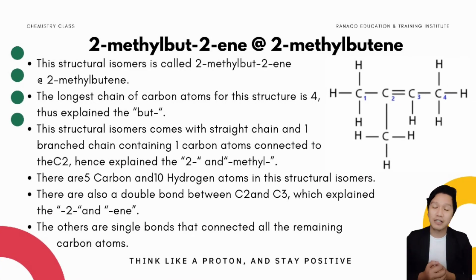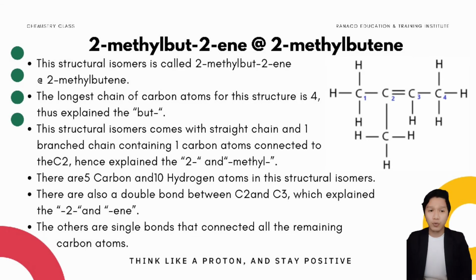The last isomer for pentene is 2-methyl-but-2-ene or 2-methylbutene. For this structural isomer, the longest chain of carbon atoms is 4, thus explaining the but. This structural isomer has a straight chain and one branch chain containing 1 carbon atom connected to the C2.